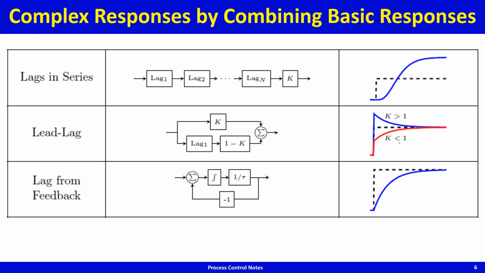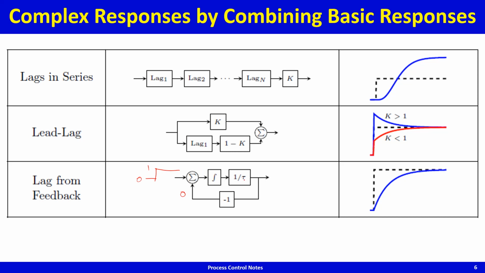So let's look at this one and I'll justify why we get the response that we are getting. So let's say the input changes as a step. If the input changes as a step, initially this is 0, and goes to 1. If input changes as a step, then this signal has gone to a 1 at time t equal to 0.